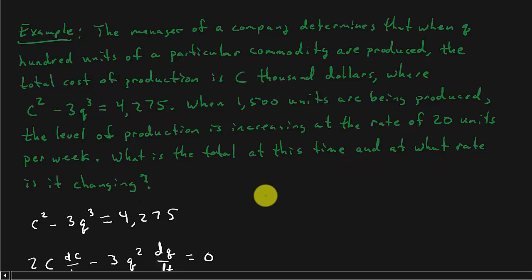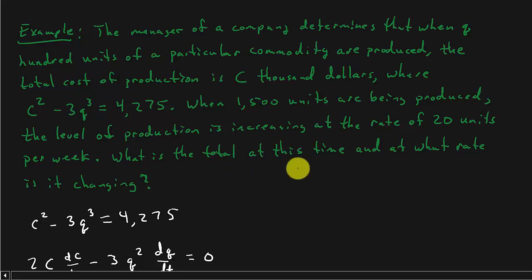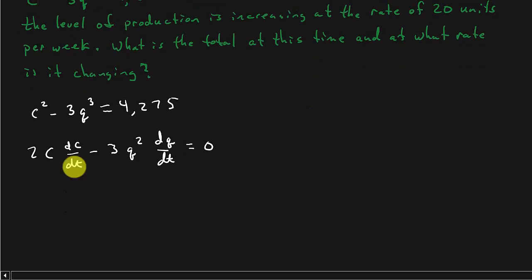So they're wanting to know the total. They're talking about the cost. What is the total at this time, and at what rate is it changing? Is the cost changing? All right? So that tells me I need to solve this for dc/dt.